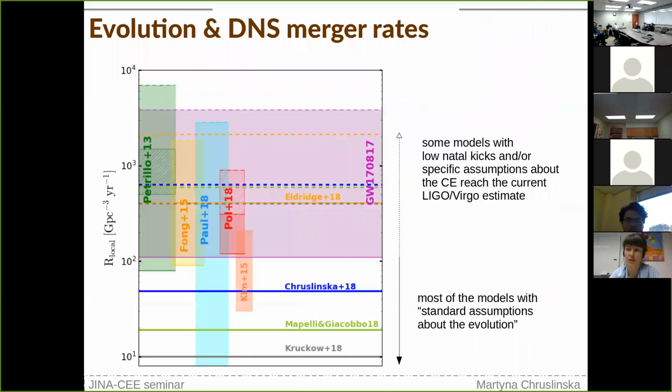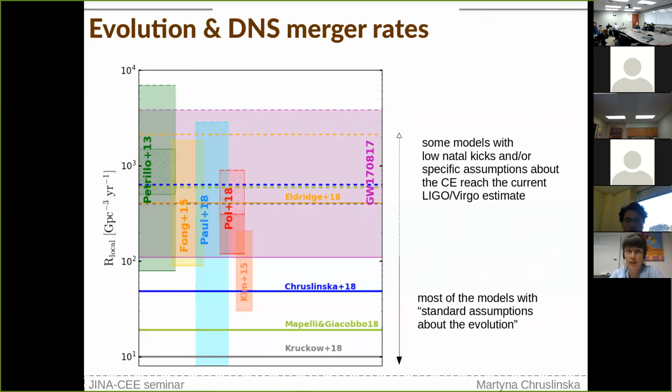So to summarize this part, most of the standard assumptions about the binary evolution lead to estimated merger rates indicated by those solid lines here, which fall short of neutron star mergers when we contrast this with most of the observational limits.